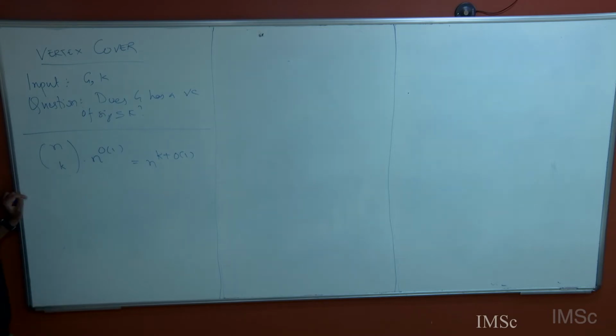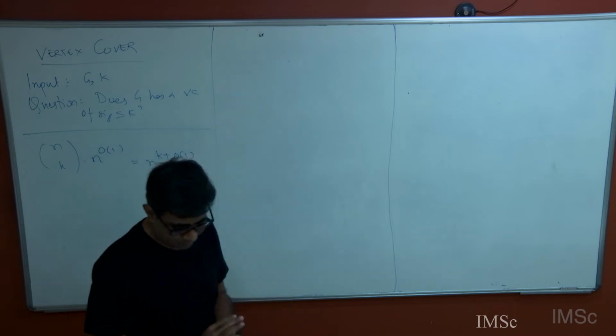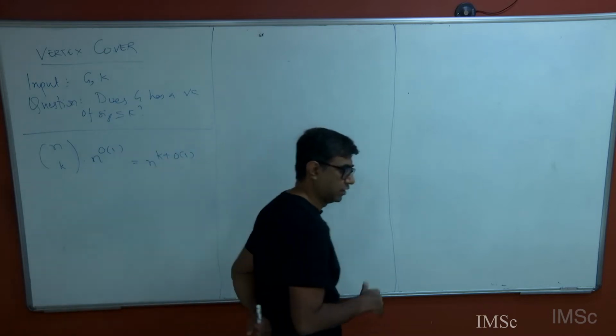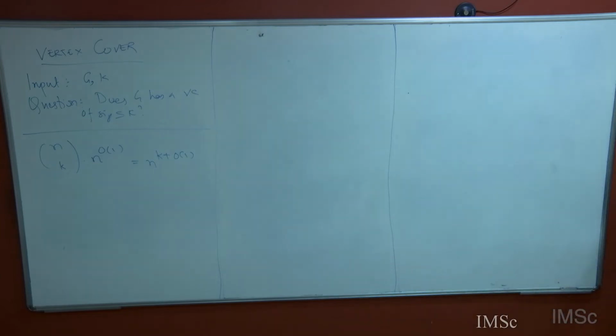Now my question to you is, what is better? And if you have seen FPT and this and that, then don't say what better. What kind of algorithms can I say is in this regime? Why is this algorithm interesting?